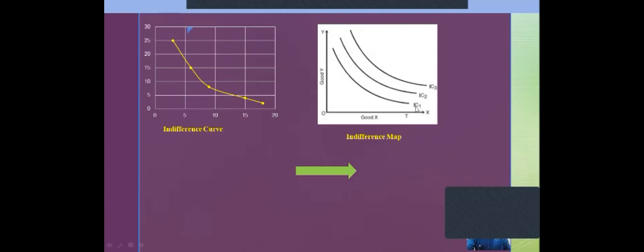IC1 is the first indifference curve, the second is IC2, and the third is IC3. Whenever we draw different IC curves in a single diagram, we call it an indifference map.